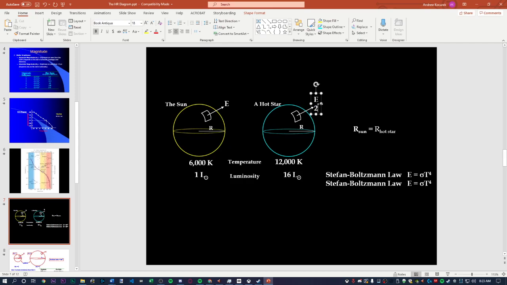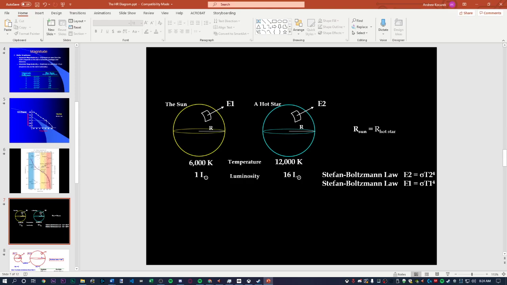And call this star E1. Let's call this T2, and this T1. Okay, the same size though. And we're dividing them. So this sigma divides out. It doesn't matter. Sigma divided by sigma is 1. Anything times 1 is itself.